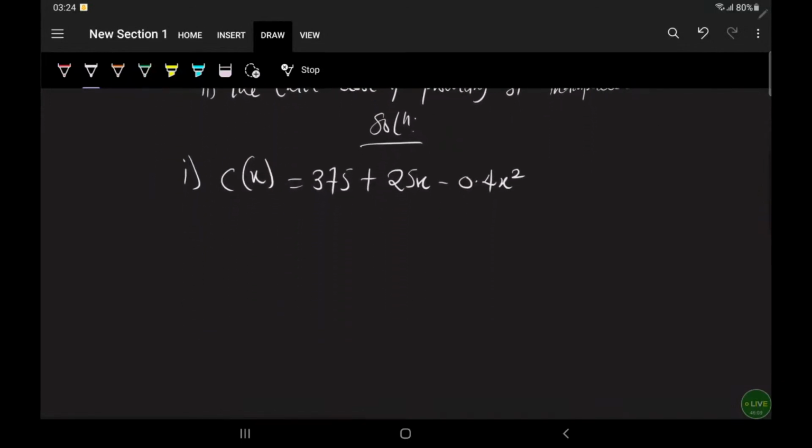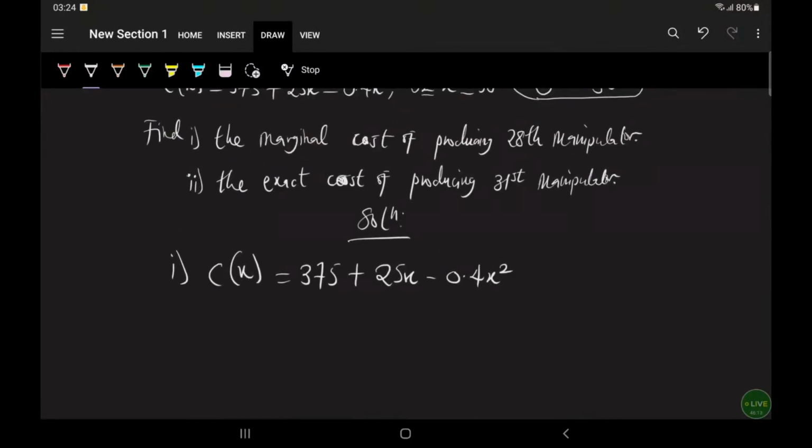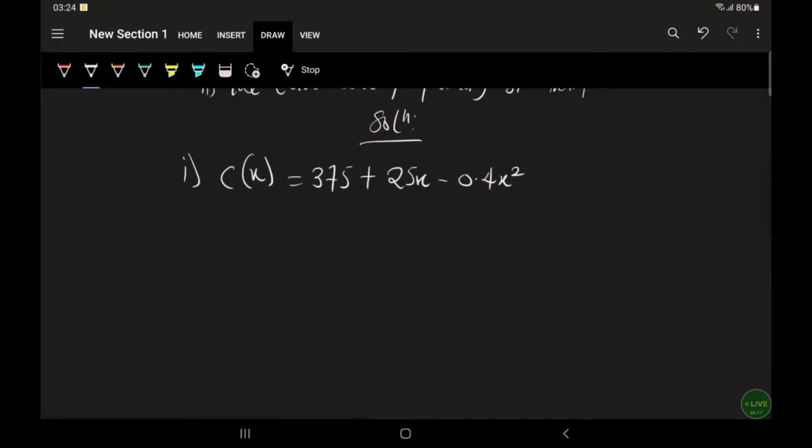So at this point, we are asked to find the marginal cost of what? The 28th manipulator. So all I need to do is first of all determine your marginal cost function. So your marginal cost function, or cost prime of x, is going to be, when you differentiate 375, constant values are going to result in 0. So you don't even waste your time to write it. I hope that is clear.